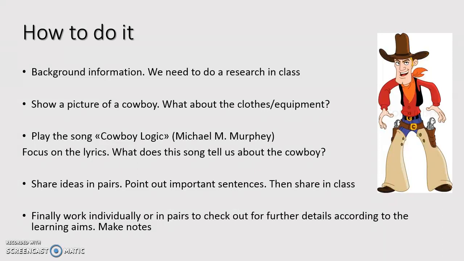After that, they can work either individually or in pairs to go even deeper into the text, or they could start working with the text in their Crossroads A, which is our book, to find even more information about the cowboys.